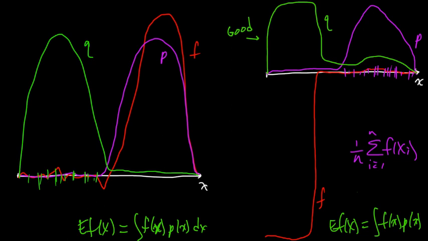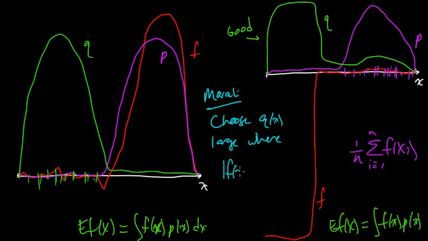So the moral of the story is that you want to choose Q to be large where the magnitude of f of x times p of x, so the absolute value of f of x times p of x, is large.